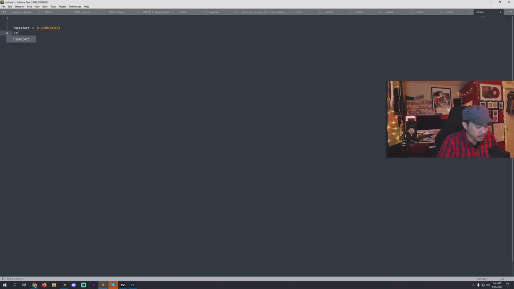So I'm gonna hold this base bet in a static BB. I'm gonna hold the base bet so it doesn't change. So we know that if we ever need to access the base bet without it being manipulated, the original one is static BB, okay? And then we're gonna need chance to be 49.5, right? Cool.